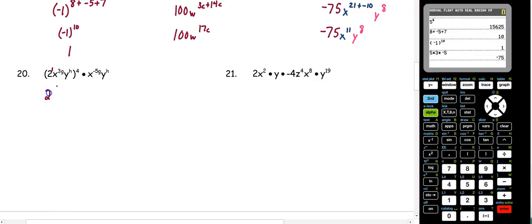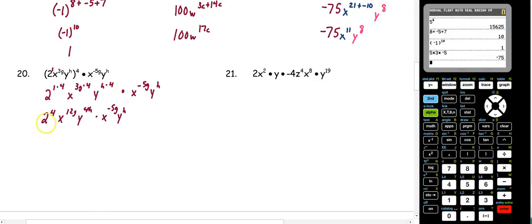So this becomes 2 to the 1 times 4, x to the 3g times 4, y to the h times 4, times x to the negative 5g, y to the h. So when I simplify this, I get 2 to the 4th, x to the 12g, y to the 4h, times x to the negative 5g, y to the h.